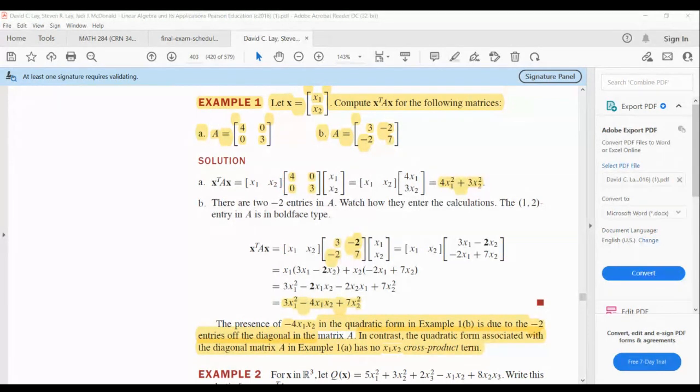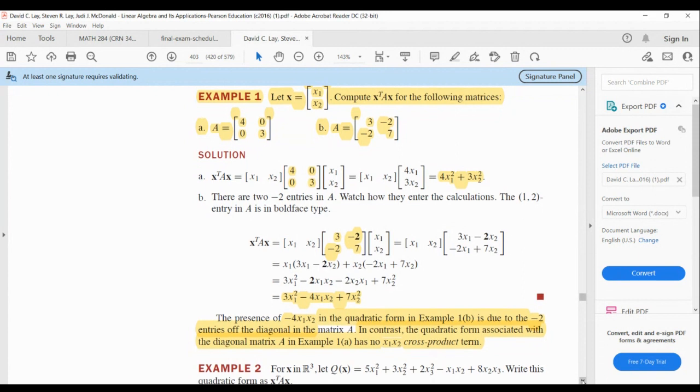But when you have a symmetric matrix that has non-zero entries off the diagonal, you are going to get a quadratic form that has cross products. So, are there any questions on that before I move forward? Okay, then let us move forward here.